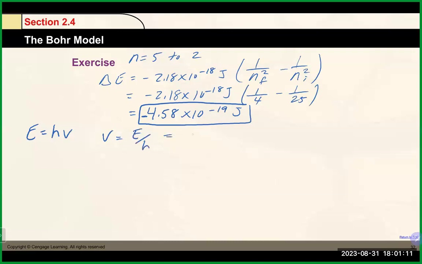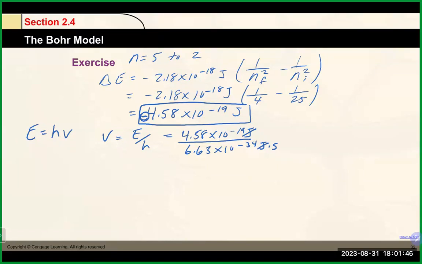And we do want to get rid of the negative on this part of the calculation. So that's going to be 4.58 times 10 to the minus 19 joules divided by Planck's constant, 6.63 times 10 to the minus 34 joule seconds. The joules will cancel out, and that will leave you with reciprocal seconds, which is what we want for a frequency. So we'll take that number there.